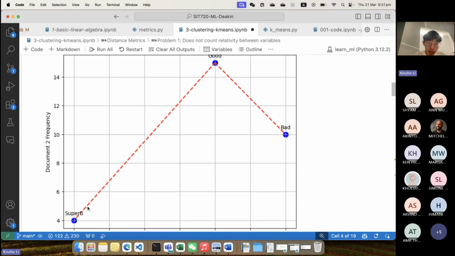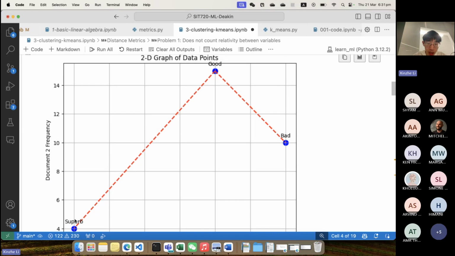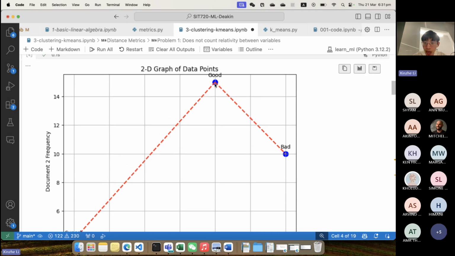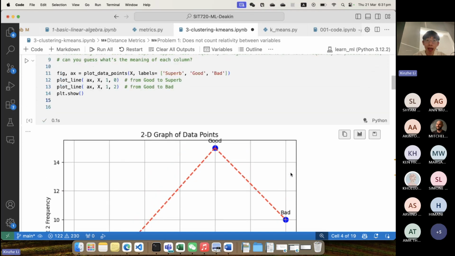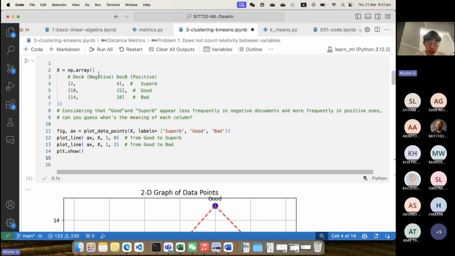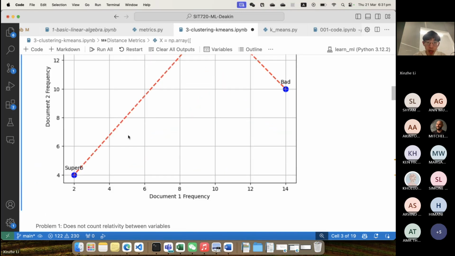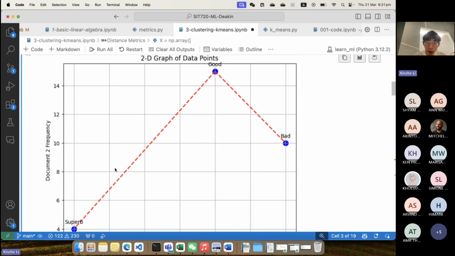You can see this is where super stands. This is where good stands. This is where the bad word stands. Now you calculate the Euclidean distance. It's just a line, right? Super to good is apparently longer than good to bad, right?